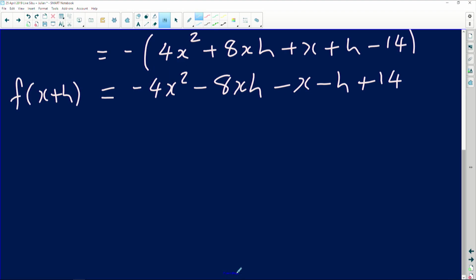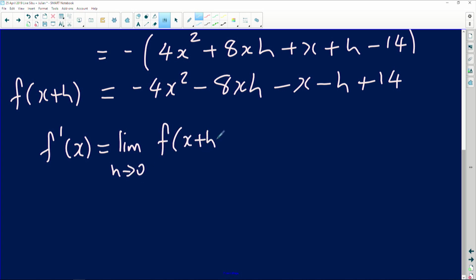Now, what remains is to take this f of x plus h, substitute into our first principles formula, and try to simplify and see what is going to happen when we do that. So let's go and see. The formula says f prime of x equals the limit as h approaches 0 of f of x plus h minus f of x, everything divided by h.